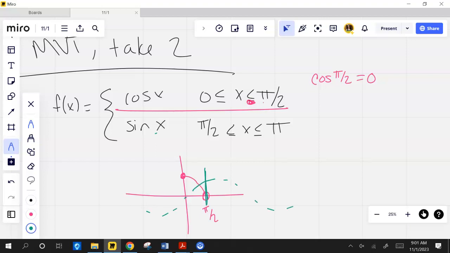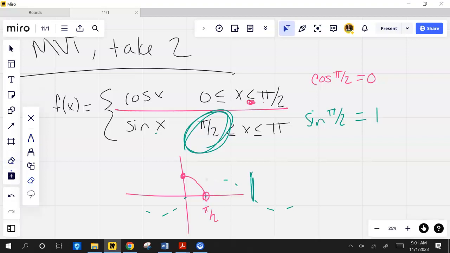But at this point right here, sine of pi over 2 is what? Y'all can do this. What's the sine of pi over 2? 1, right? So this point is pi over 2, 1. And then this curve continues on, right?